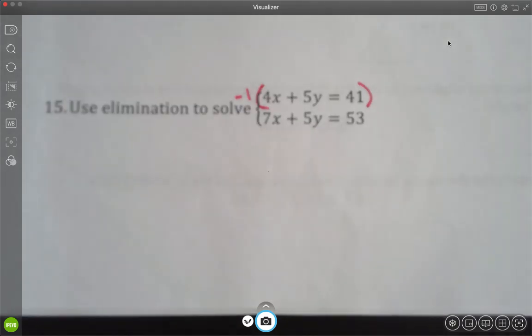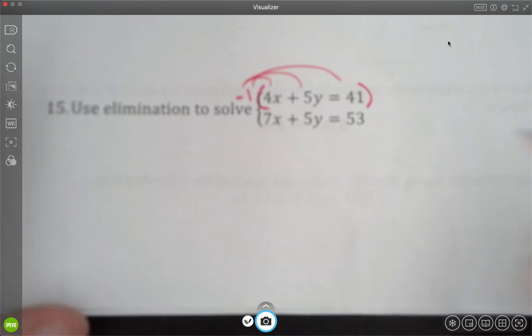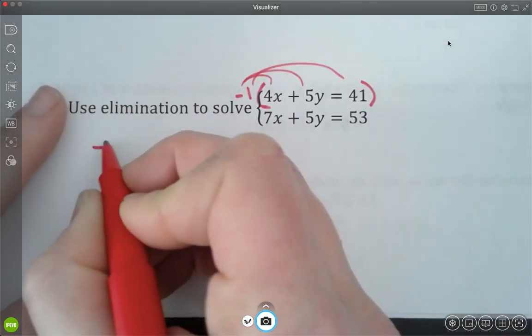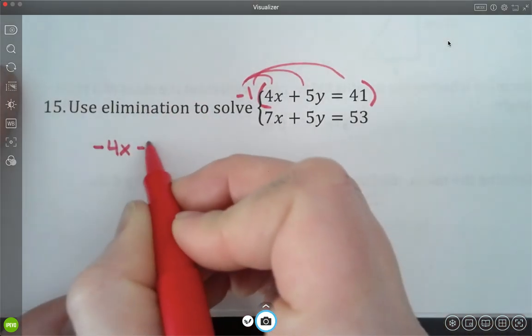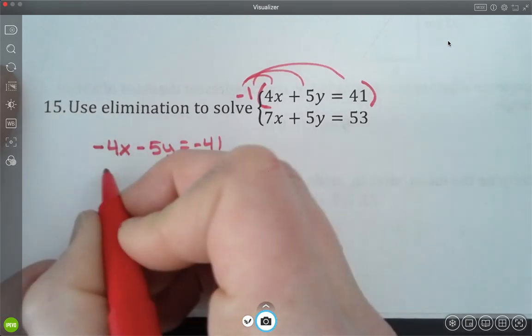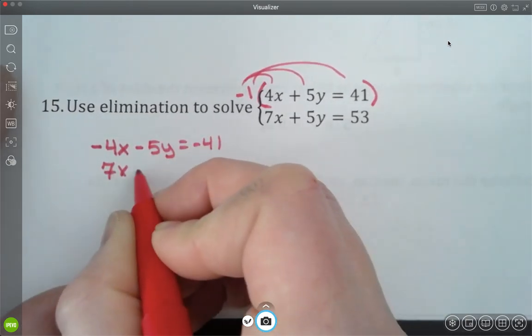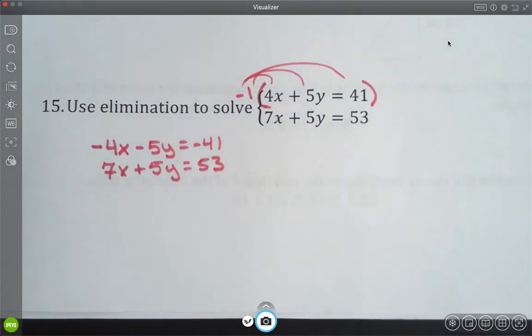So when we multiply the top one by -1, I've got to distribute the negative through. So this is going to be -4x, and then -5y equals -41. Perfect. And then the bottom equation is just going to stay the same. We're not going to change it at all: 7x plus 5y equals 53.